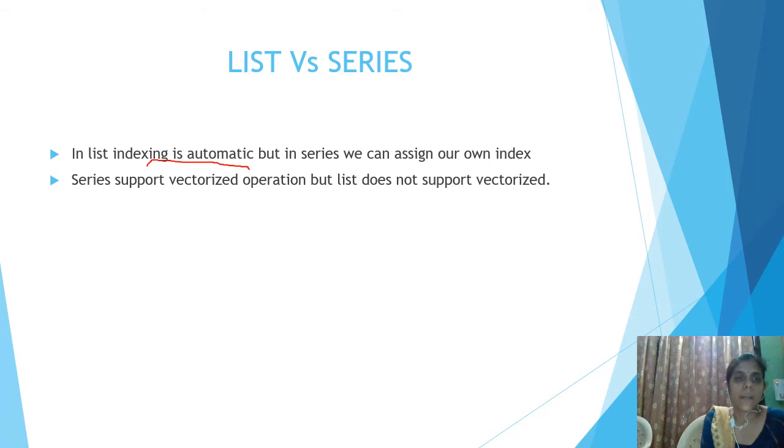So let's compare it. Suppose there is a list named A which contains elements 10, 20 and 30.